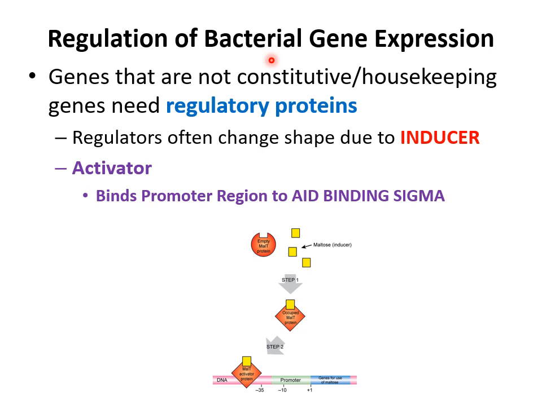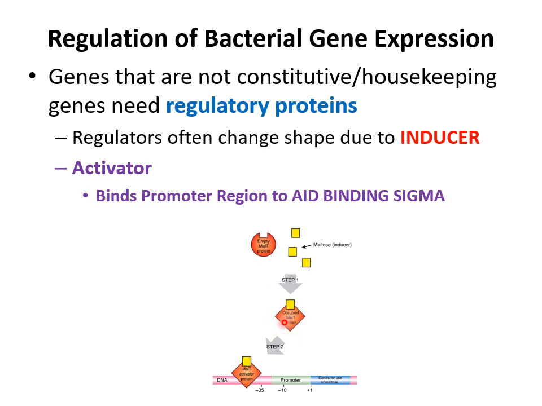And when you look at these kinds of genes, you have various different regulatory proteins. A lot of times, these regulators or regulatory proteins are controlled by what's called an inducer. So, in this figure here, the little yellow squares, those are inducers, which in this case is maltose. And so, when an inducer binds to a regulatory protein that it matches, that will then change the shape of the regulatory protein.